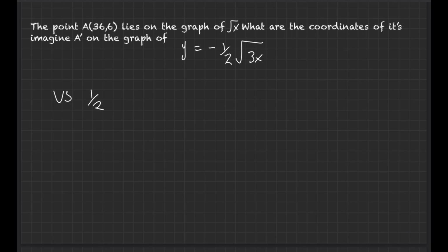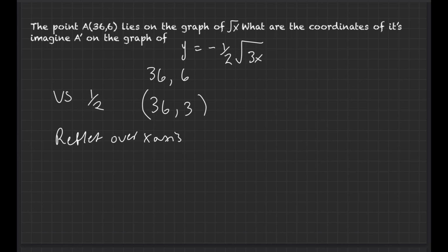So if we started with (36, 6), a vertical stretch of 1/2 would mean that it would become now (36, 3). And then it's negative, so we reflect over x. And that would make it (36, -3).